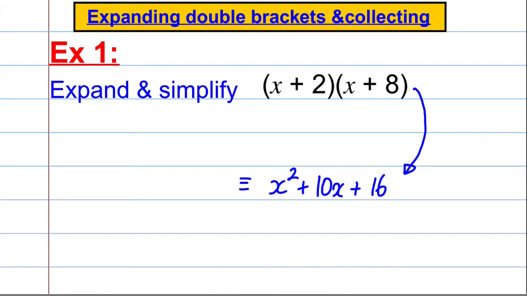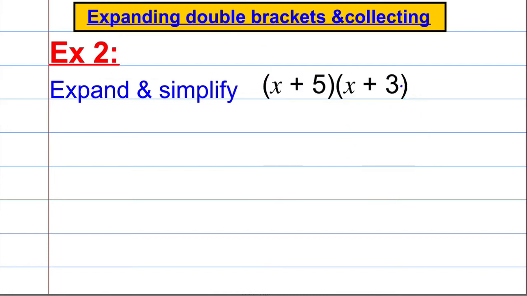Well, maybe you'll notice that you have to do x multiplied by x to give you the x squared. And maybe you'll notice that 2 multiplied by 8 gives you the 16. And lastly, you might notice that 2 add 8 gives you the number of x's, i.e. positive 10x. So maybe we could do it that way.